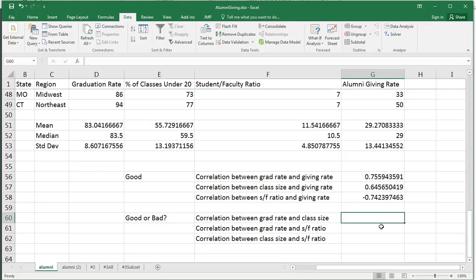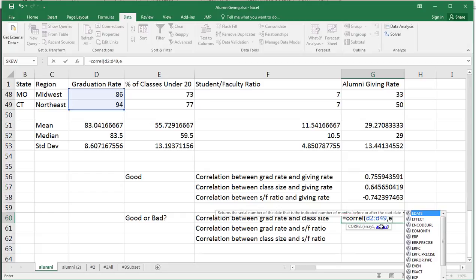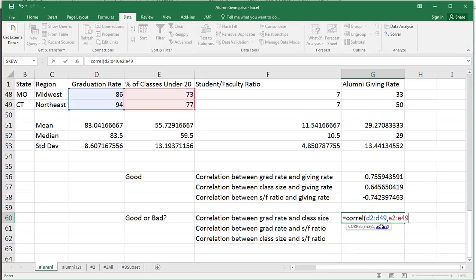Here we want to see correlations that are not strong in either direction, positive or negative. If they are strong, it means there's a strong case for multicollinearity, correlation between independent variables, which can mess up the results of a regression. So grad rate is in D2 through D49. Class size is in E2 through E49.